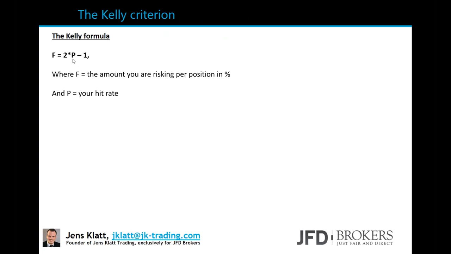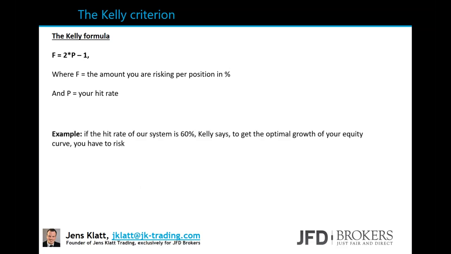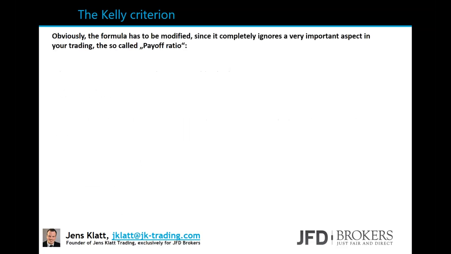With the simple Kelly formula, if the hit rate drops below 50%, you're not getting a positive result, so you can't use Kelly. This is not true, since a hit rate of 40%, for example, and a payoff ratio of 2 to 1 or 3 to 1 will make sure that in this case you're getting a positive expected value, so you have to somehow get the payoff ratio into this formula, which we do right here.